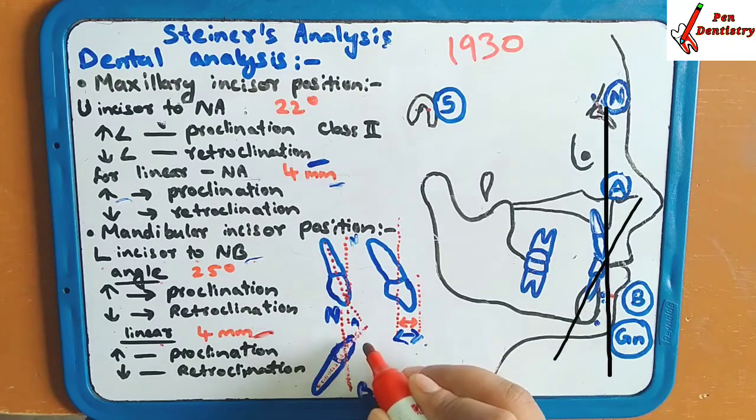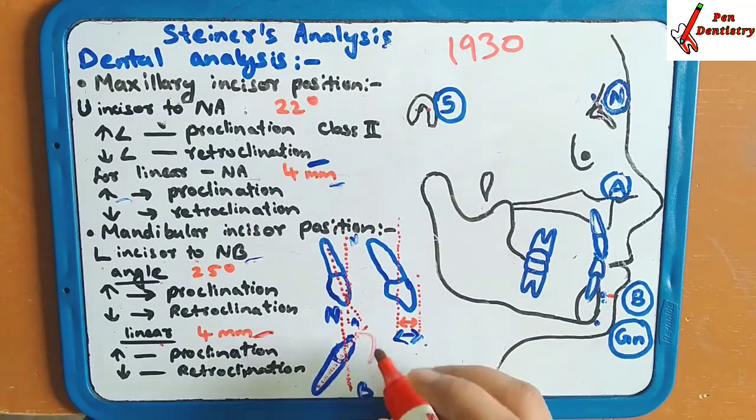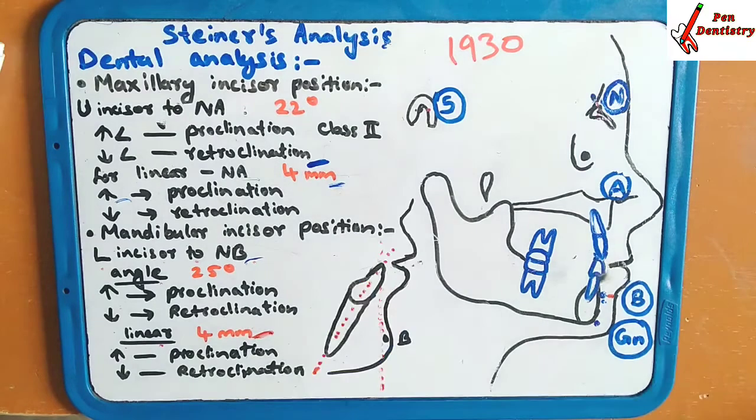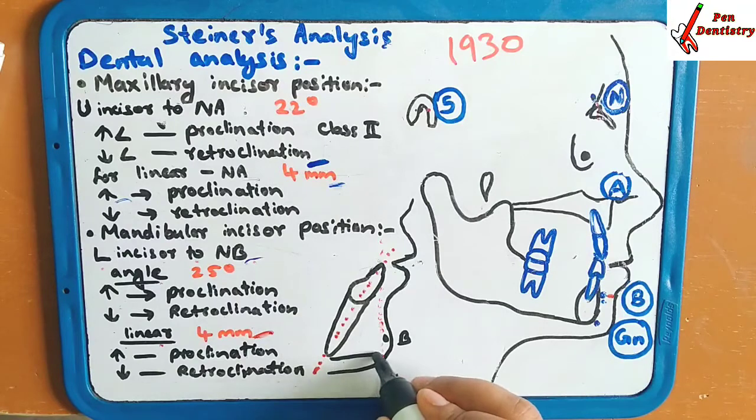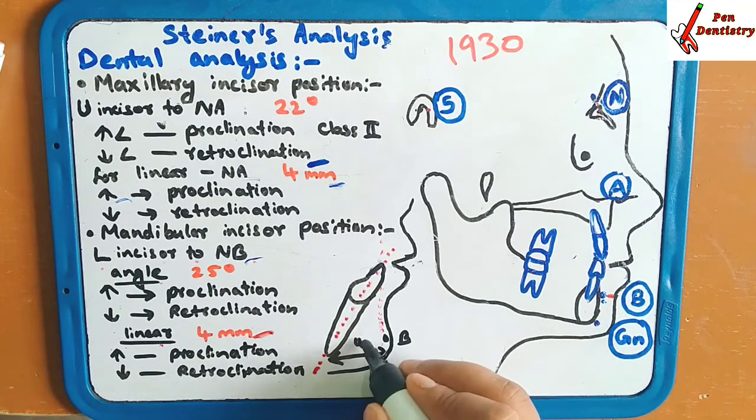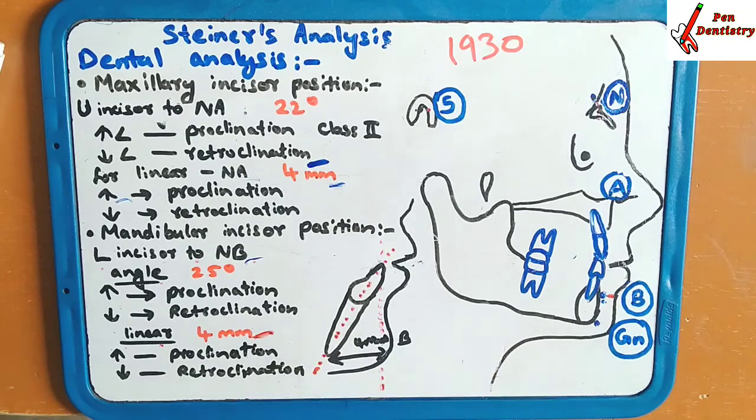The distance between both of them is 4 mm. So this is the linear proclination.